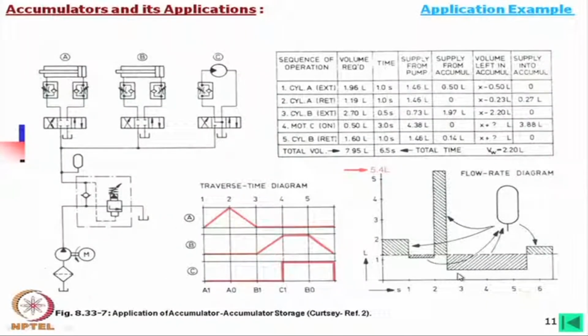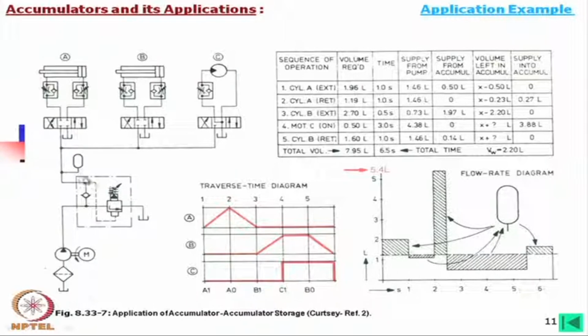Now, a few systems are shown. The application of accumulator and accumulator storage, that means how the volume is stored in the accumulator for different processes, is given over a chart here. Let us consider a system. We can consider 2 linear pistons and 1 rotary pump, run by the same system.